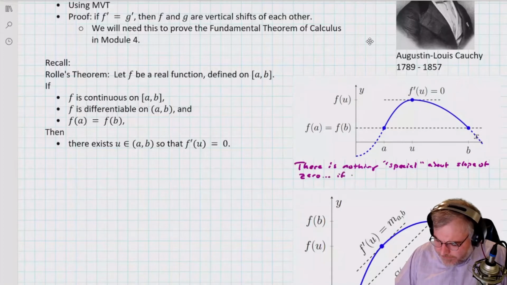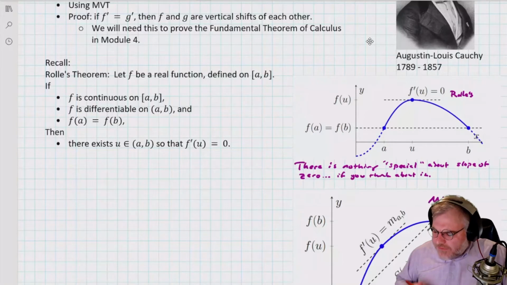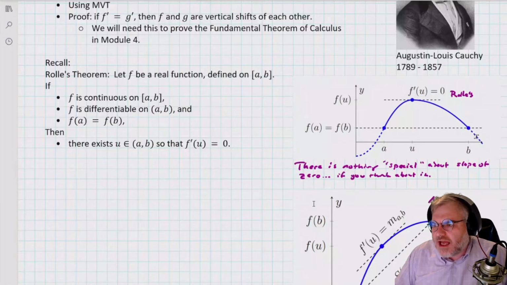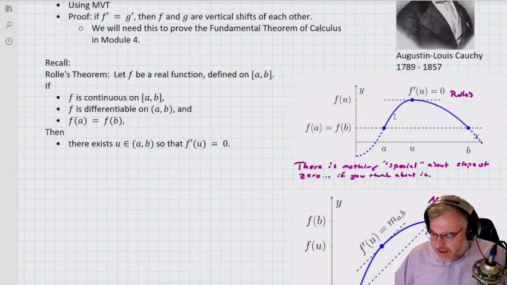If you think about it, this is Rolle's right here, and this is going to be MVT. That's the idea. So how do we feel about the big idea here, 1 to 5? I have this idea of a flat line here and a flat tangent here.